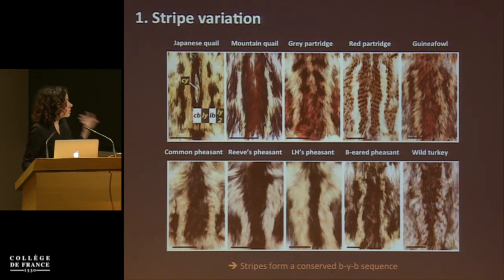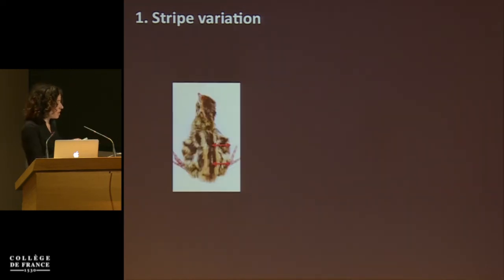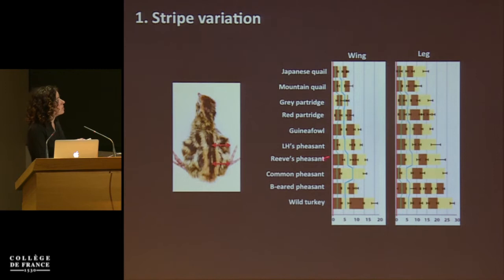And Nico has quantified this sequence by measuring the distance from the dorsal midline to the boundary between each stripe at the level of the wing and the level of the leg. So he got this type of results in all the different species. And the first thing that I would like you to see here is that very often in the leg, in which the skin is wider, there are more stripes than in the wing, in the region in which the skin is thinner.